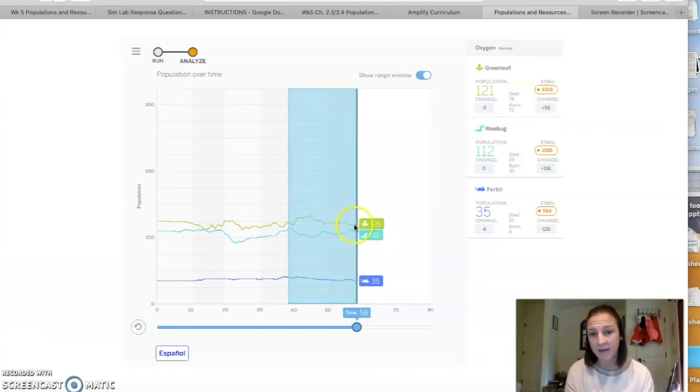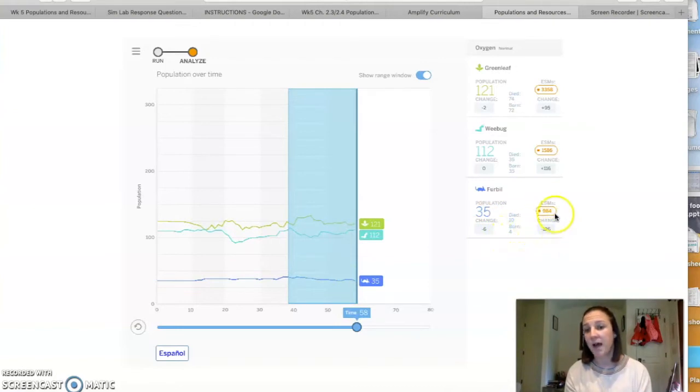So that line at the end there is probably going to be pretty flat. The wee bug is exactly flat, so that it would be a stable population just in this time frame, right? And then the furbills have 10 deaths and 4 births. So you can see it's starting to dip down there, which would show a decline, right? If we have more deaths than births, we're going to show a decline.